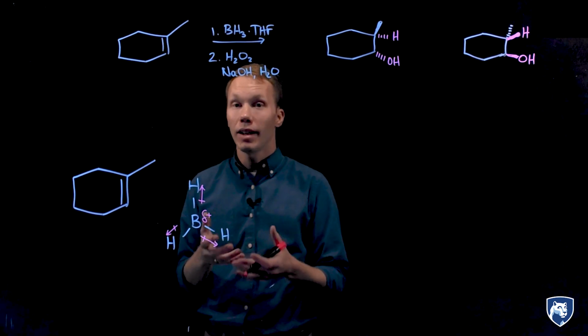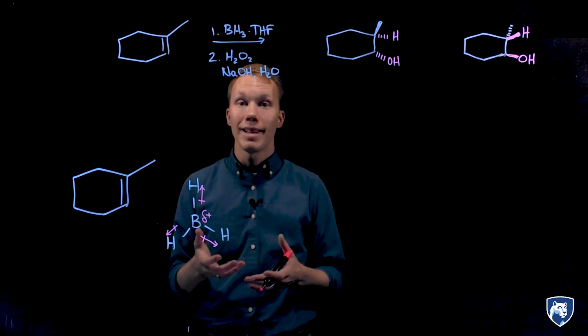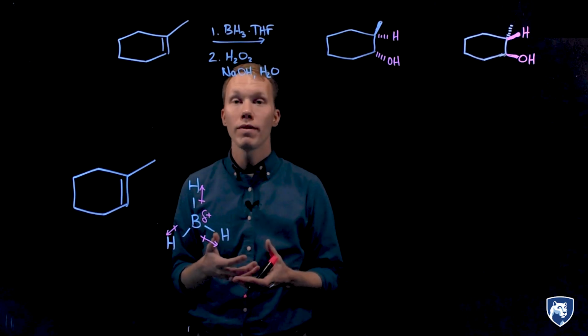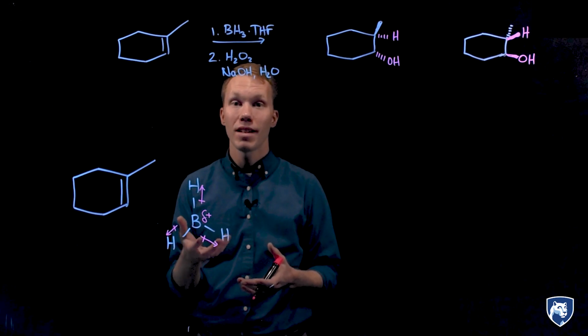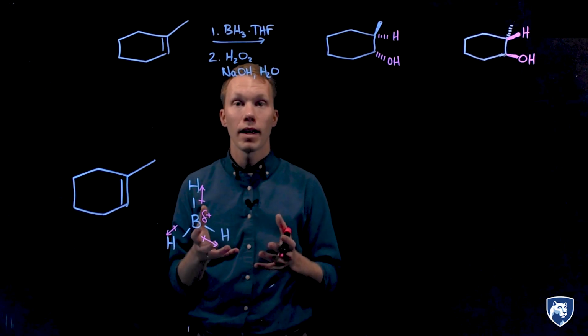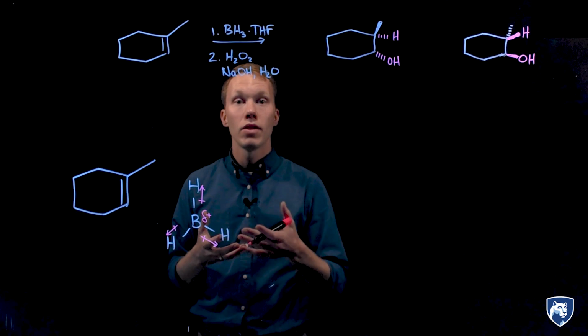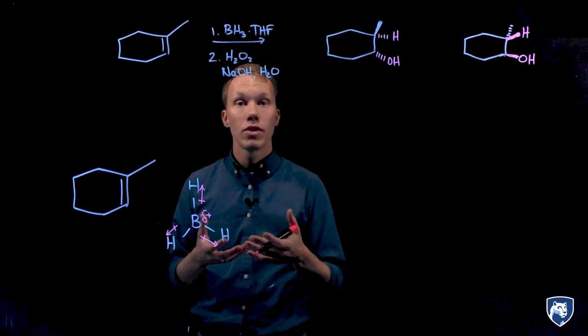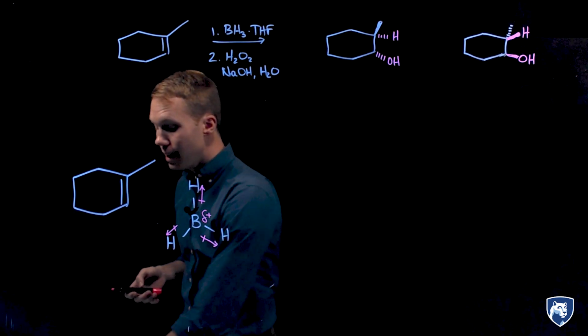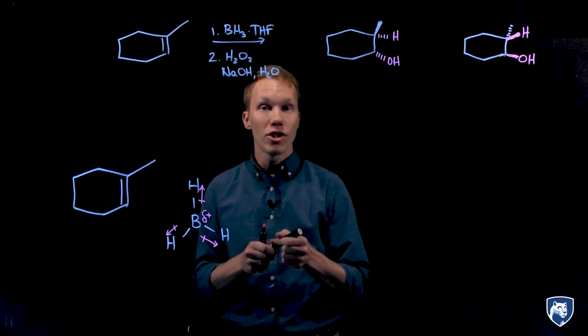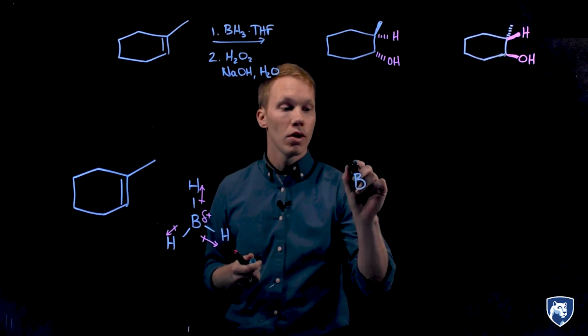Borane's reactivity as an electrophile can also be supported by the octet rule. Borane is one of those exceptions where it forms 3 bonds, giving it 6 electrons in its valence shell. It really wants to have 8, so it reacts pretty readily to gain those 2 electrons. In fact, it is the solvent THF that stabilizes borane.